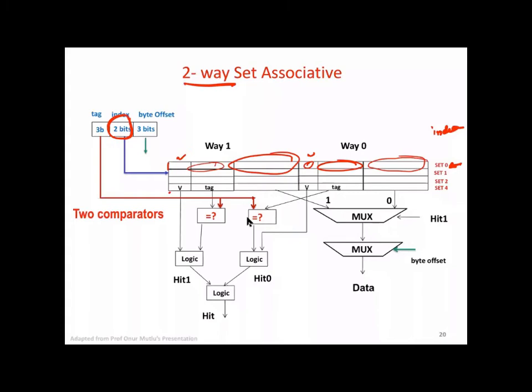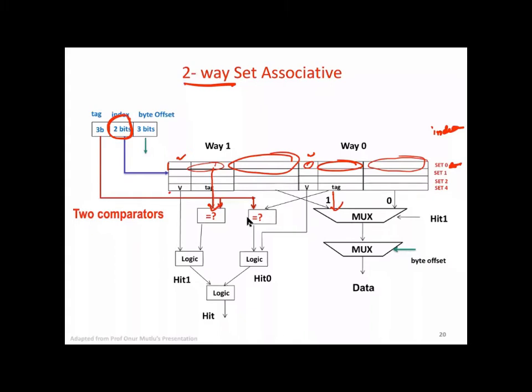So first we use the index bits to find out where in the cache we are pointing. And then what is the next thing? Now both tags have to be read together. It's not shown here, but it should be like this.